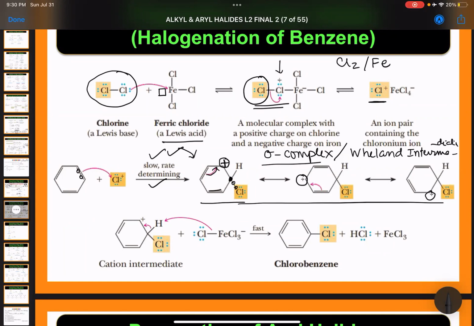Though the intermediate formed is still stabilized by resonance, it has a charge, and it is not aromatic, because it does not have 6 electrons moving inside the ring. It just has 4 electrons, right?